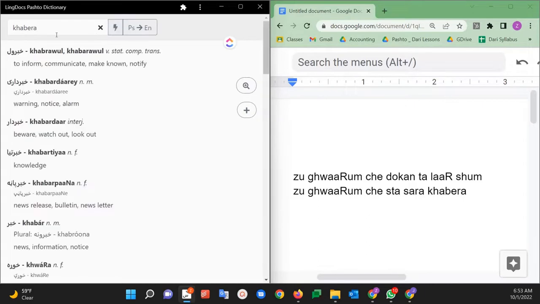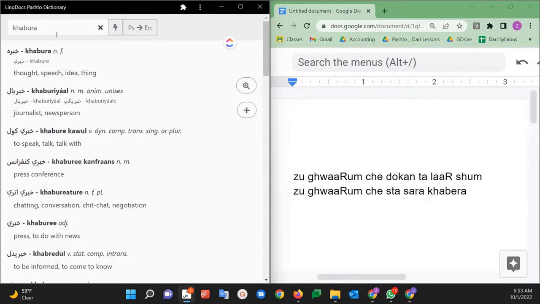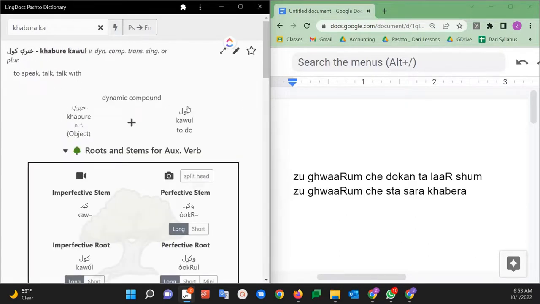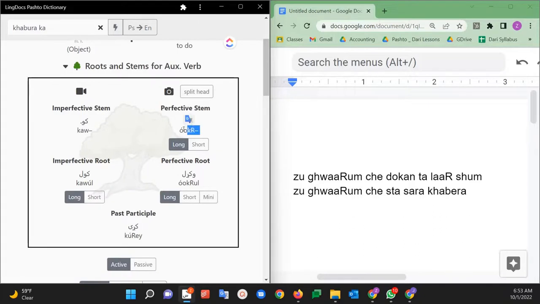So khabara. Kowel. Oh, sorry. Khabara. Well, okay, and then I see ukram. So, sorry, I misspelled khabara. Khabara ukram. Shestasara khabara ukram. Okay, so again, I just took the perfective stem and did this.